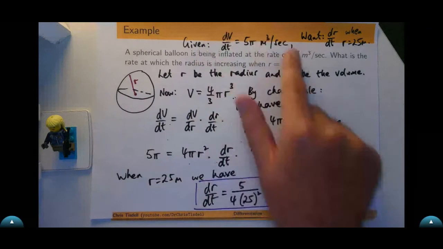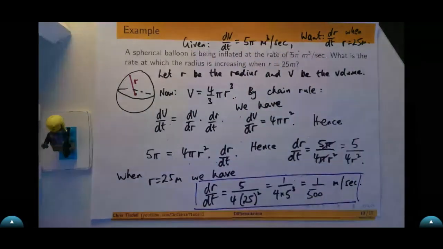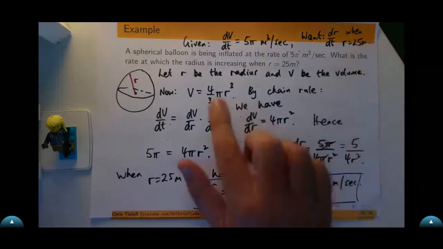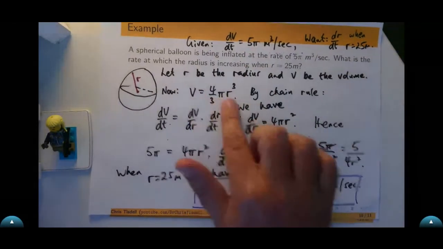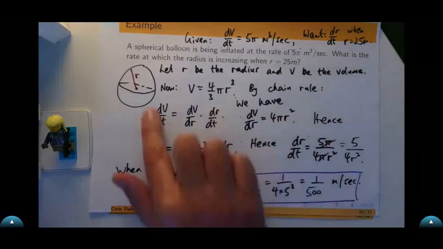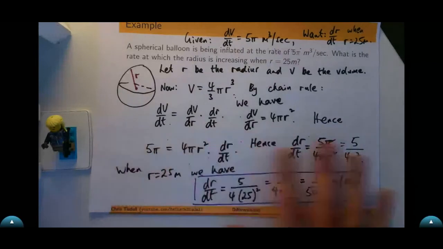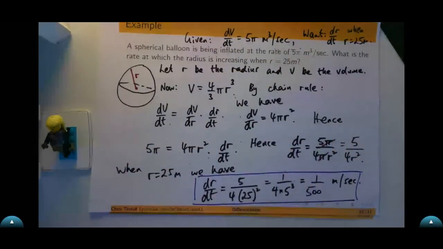We clearly identified the given information and what we wanted. We came up with an equation linking the variables, and we employed the chain rule. Once we did that, it was just a matter of rearranging and plugging in.